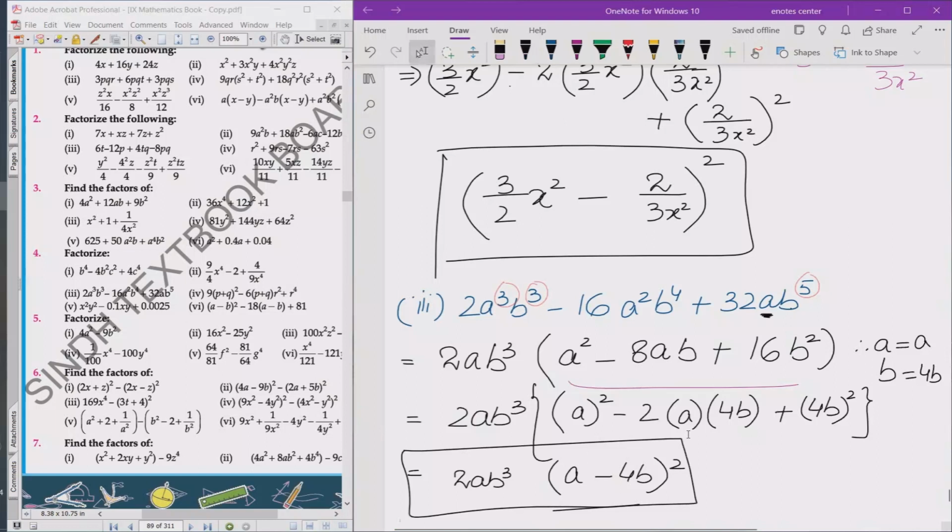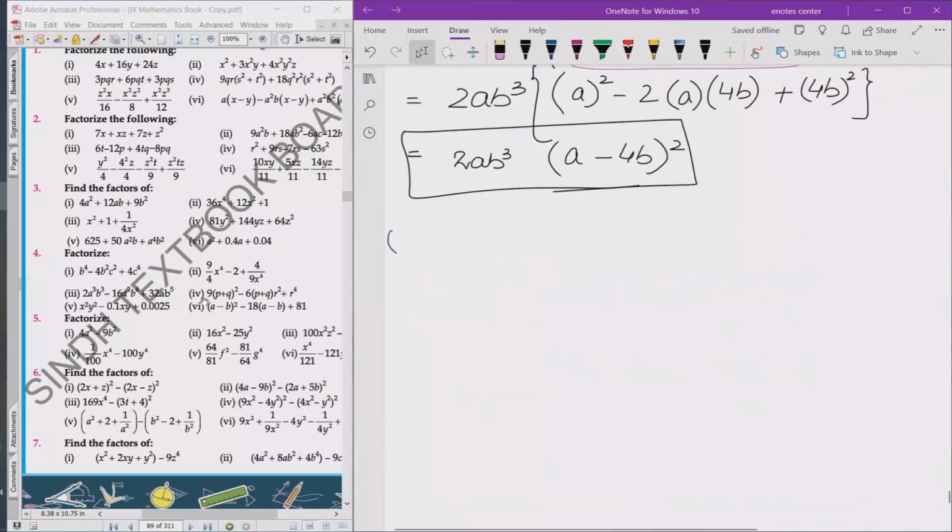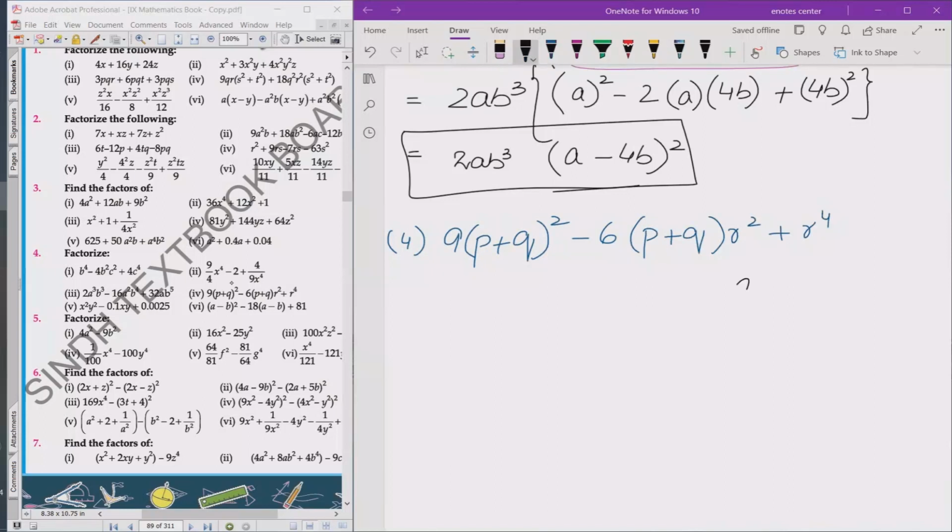Question number 4 is 9 times p plus q whole square minus 6 times p plus q r square plus r^4, right? Now we will solve it. First, we will decide what is A and what is B. A is 3 times p plus q, right? And B is r square.